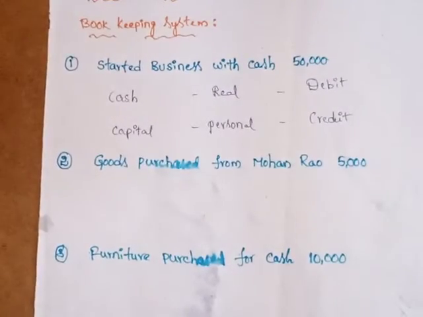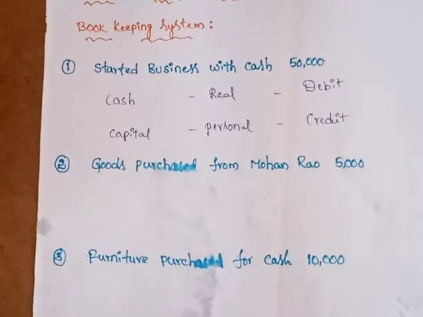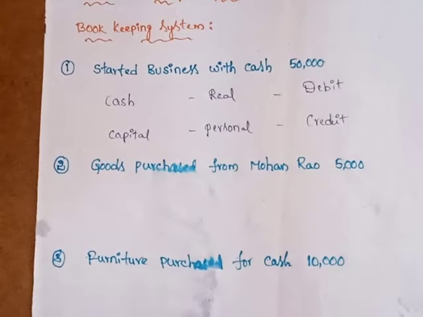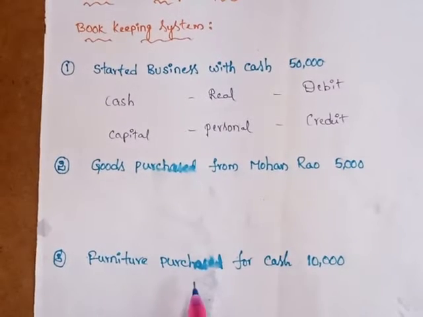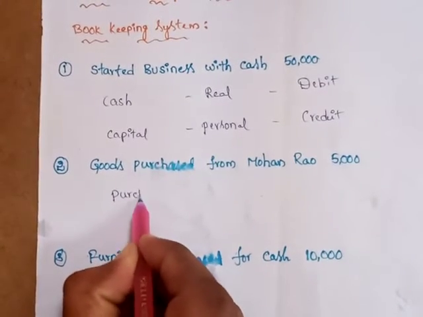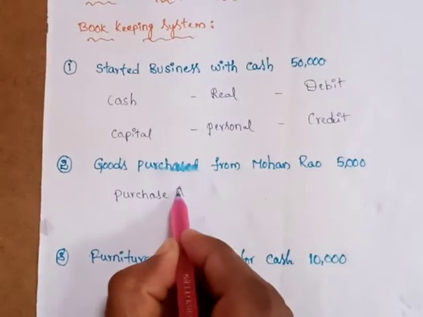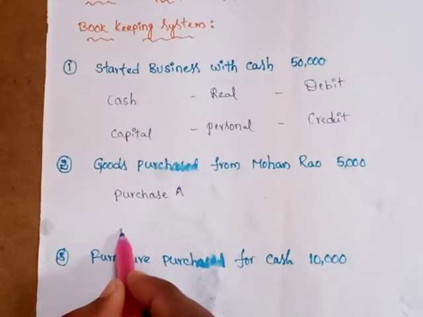The next transaction: goods purchased from Mohan Rao. In this transaction, two aspects are involved. One is purchase, the second one is Mohan Rao.